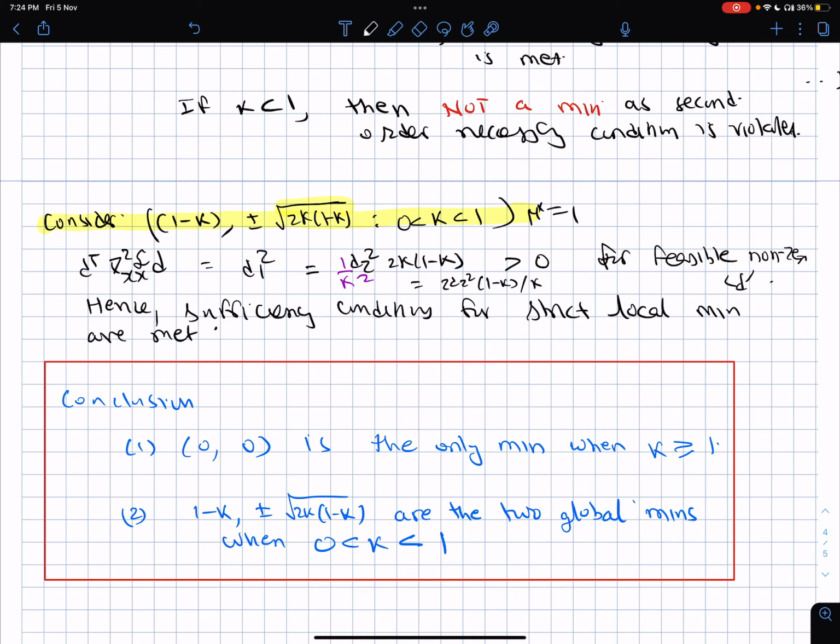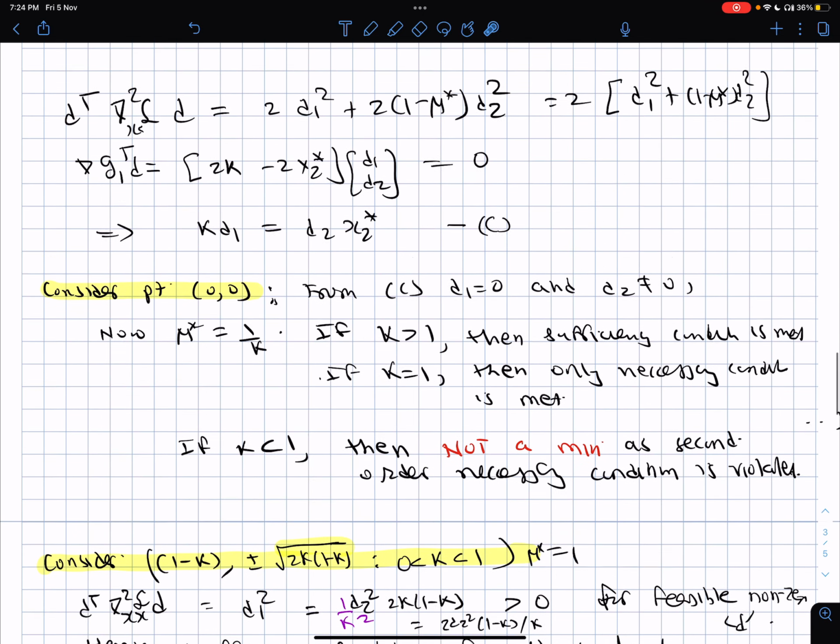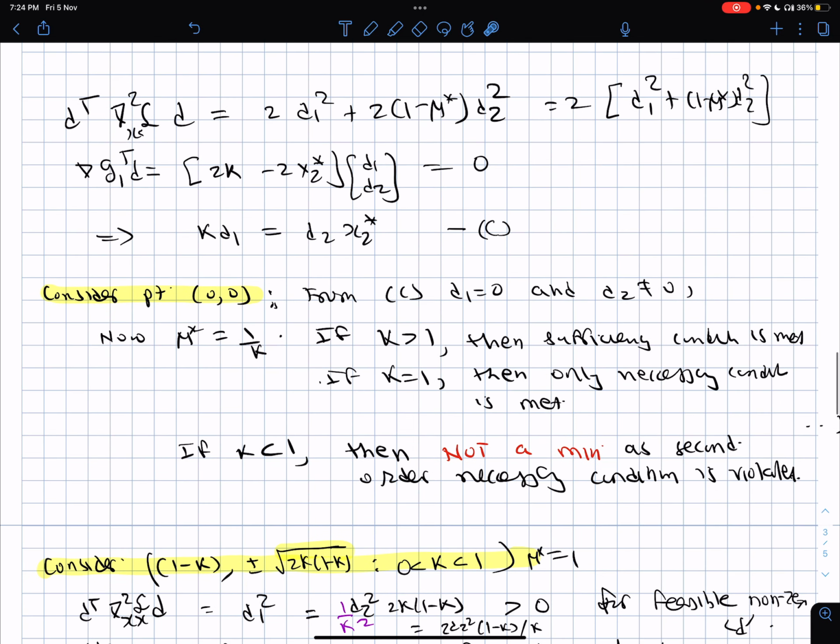Since k is between 0 and 1, this numerator term is positive, d2 square is anyway positive, so the whole of this thing becomes positive, and so this becomes strictly greater than 0.